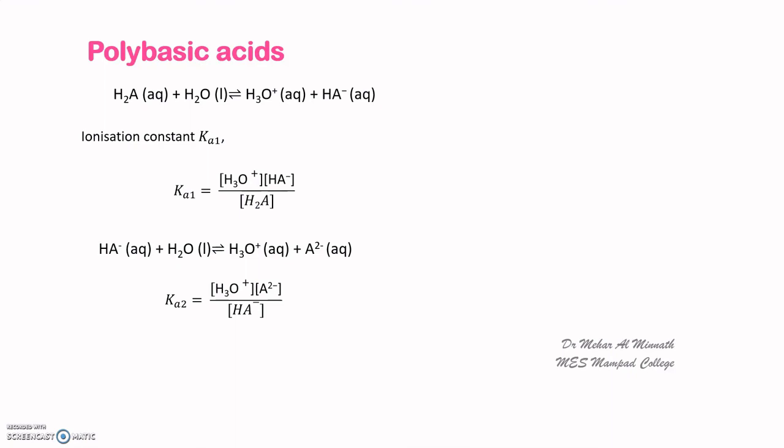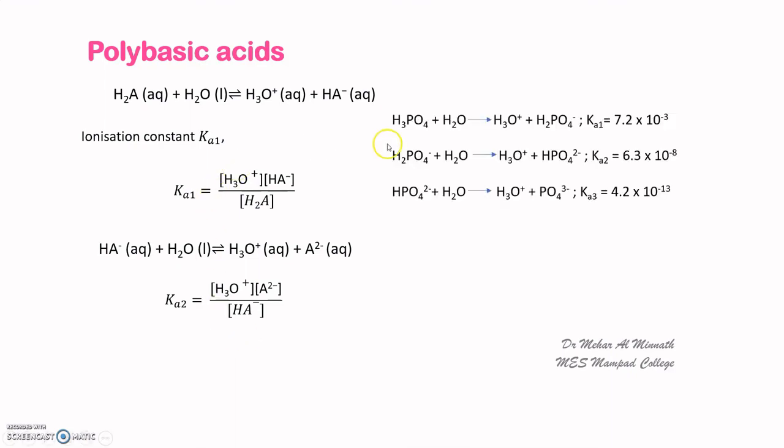Now say you have phosphoric acid. It has Ka1, Ka2, Ka3. When you observe the ionization constants of phosphoric acid, you can see that the ionization constant decreases as we go down.